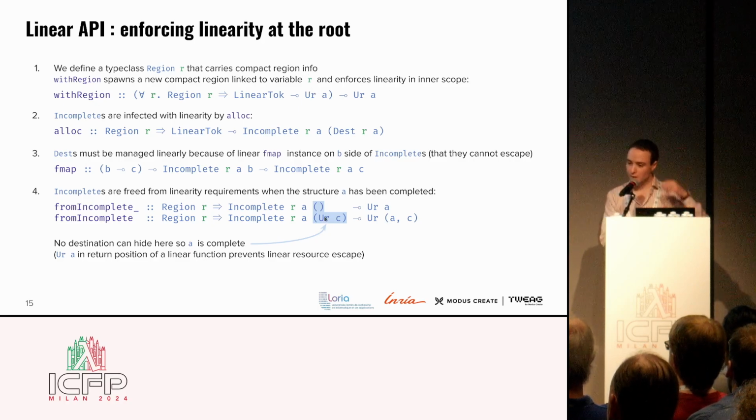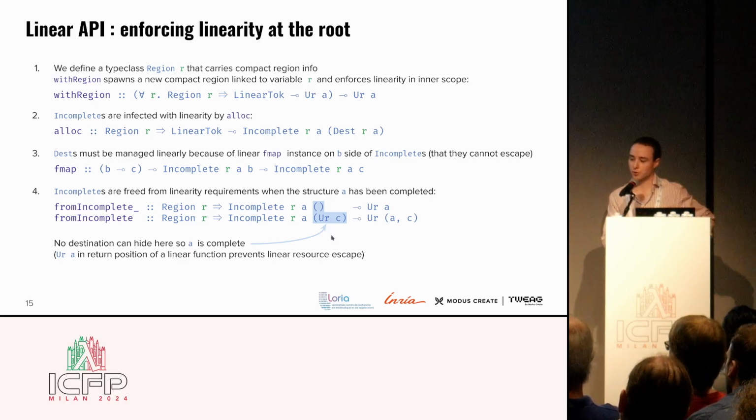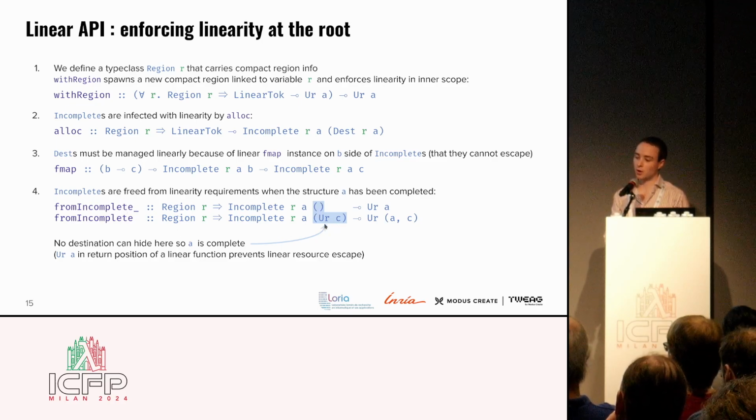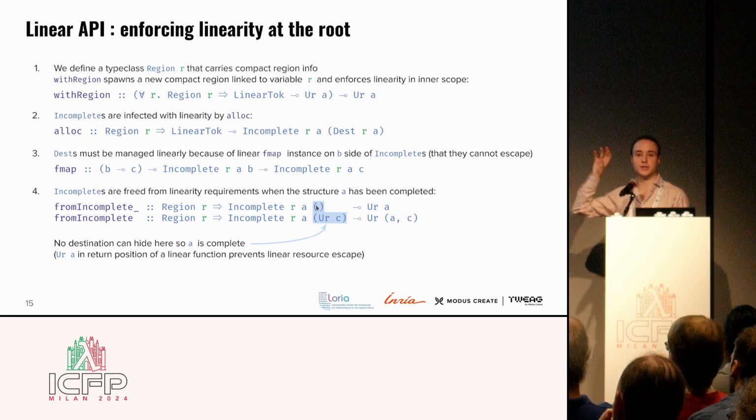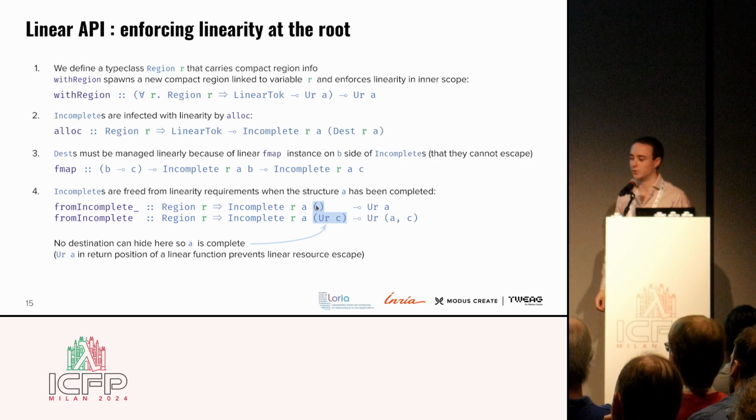And the only way for the user to get rid of an incomplete wrapper is using the fromIncomplete functions, the two variants. But on the B side, they ask for either unit or UR C. So the user cannot remove the incomplete wrapper if there is anything linear remaining on the B side, and destinations have to be used linearly, and cannot be put in the UR constructor.